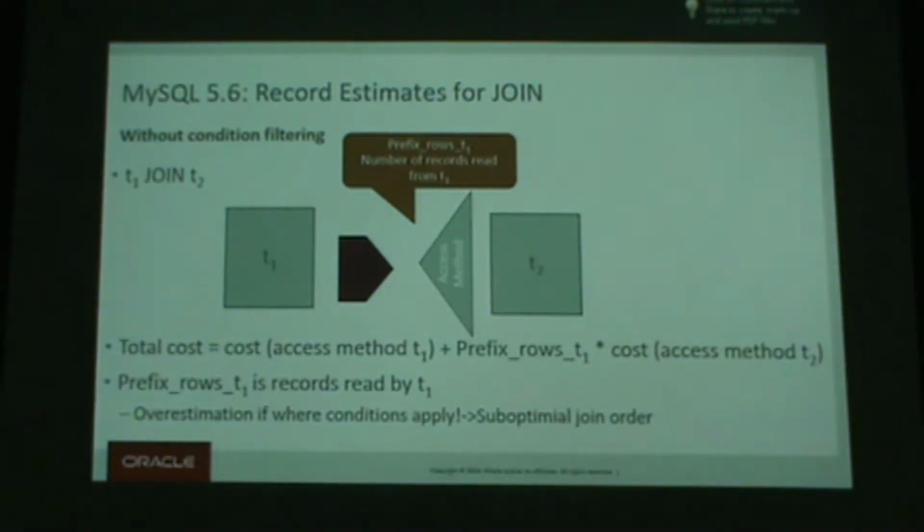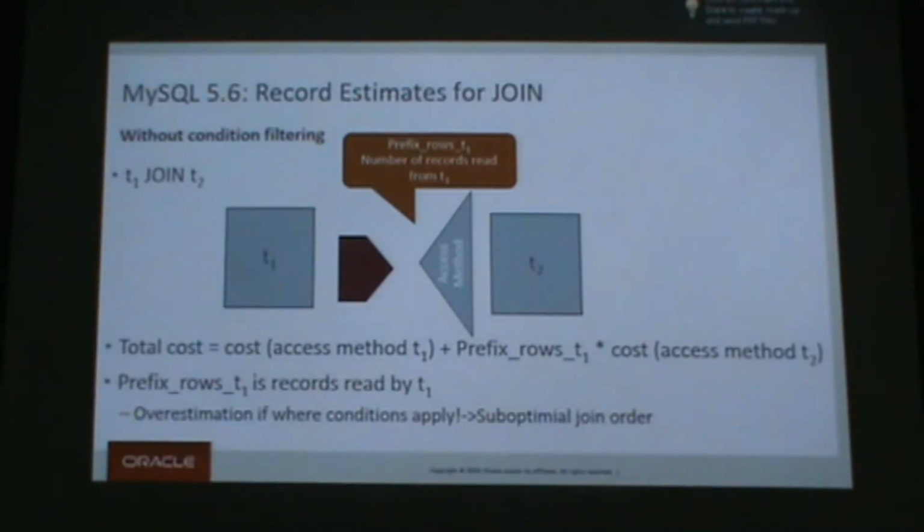So you have chosen a particular access method to scan the tuples in T1. So the cost of that access method, plus for every row that is being generated out of T1, you need to multiply it with the cost of accessing T2. So for every row that is being generated from T1, you are going to see whether these many records are present in T2.